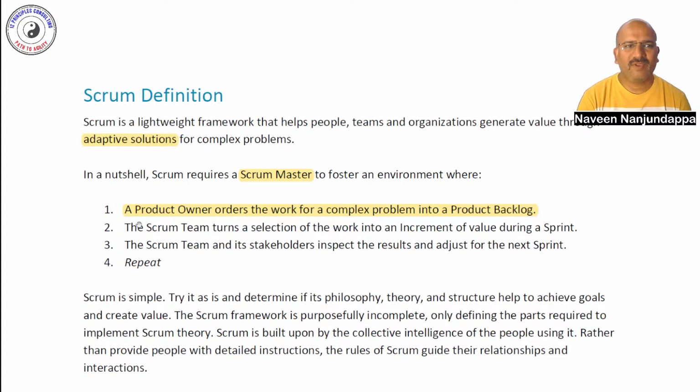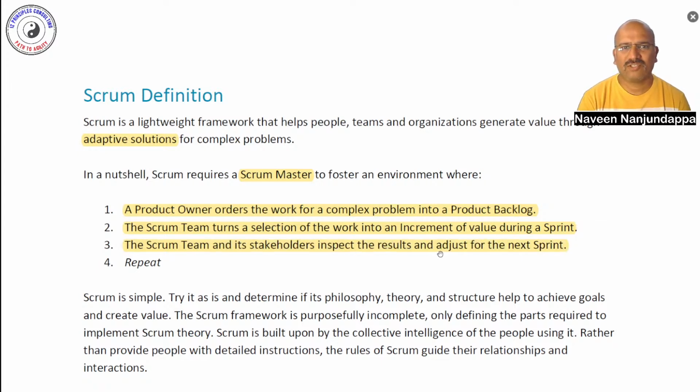Then we have a Scrum team, which is a combination of the product owner, developers, and the Scrum Master, who collectively work towards getting the work done as an incremental value during the sprint. And then the whole Scrum team and the stakeholders inspect and adapt for the next sprint.